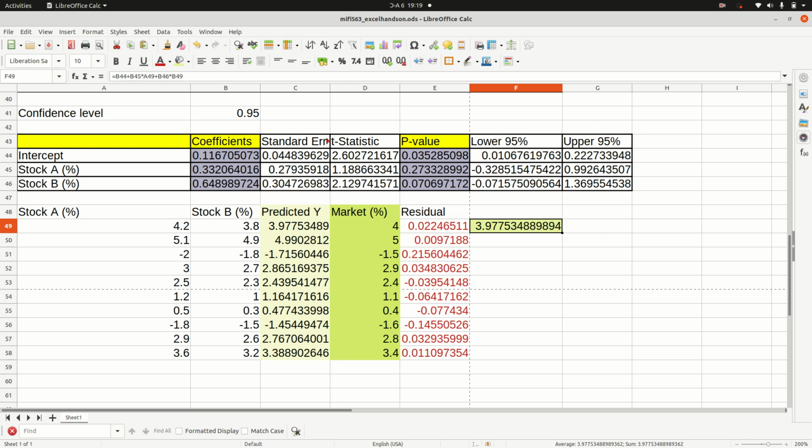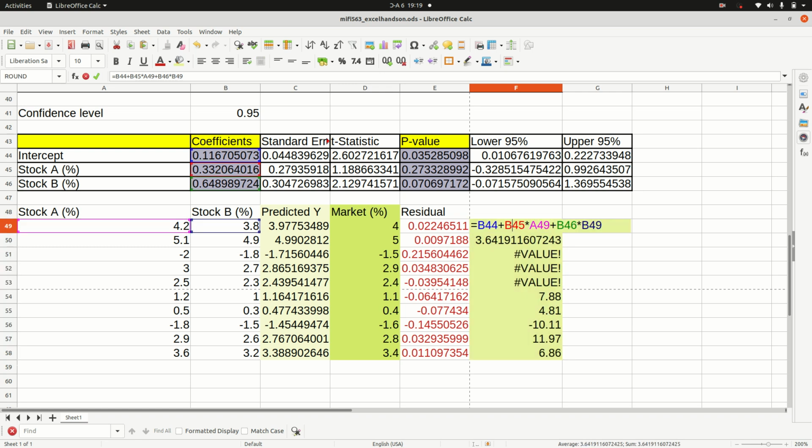And I can drag this, but I can't simply drag. You must make some of the references static, like the coefficients here. The coefficients are not changing. That of the constants will not change. The factor of stock A is not going to change. The factor of stock B is not going to change. That is the only way I can get this thing right. Okay, so that is it.